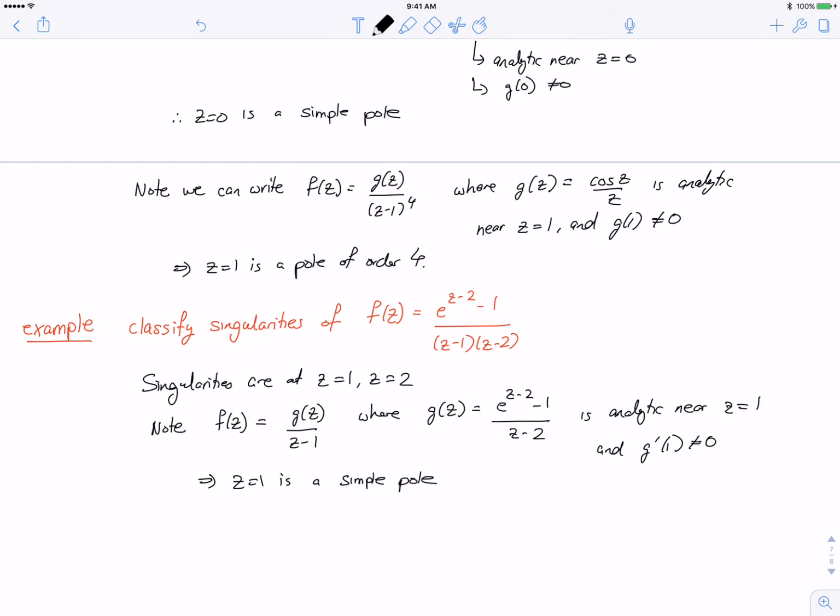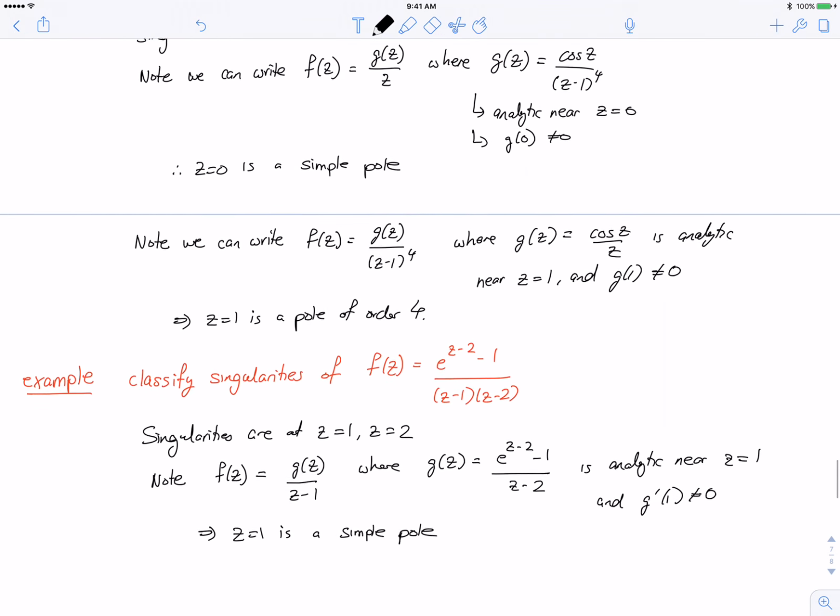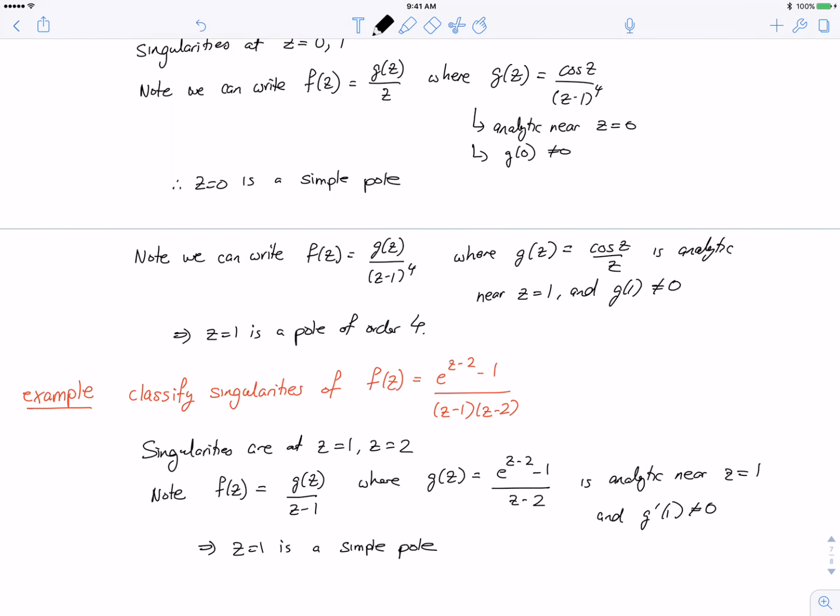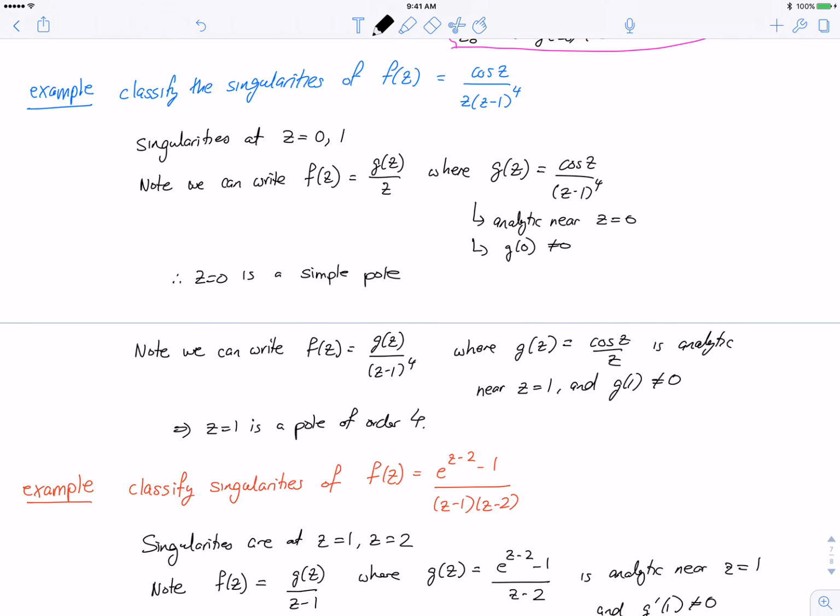Now, you may have noticed a sort of pattern if I take a look back at cos z on z times z minus 1 to the 4. If you take your denominator and you see how many times a factor appears, that gives you a pole of order whatever.